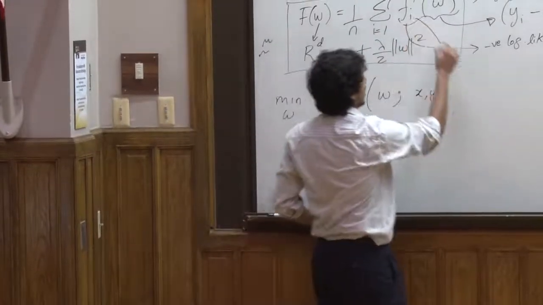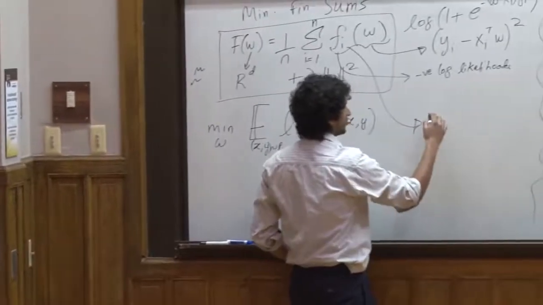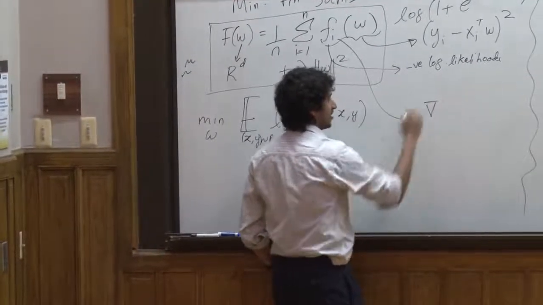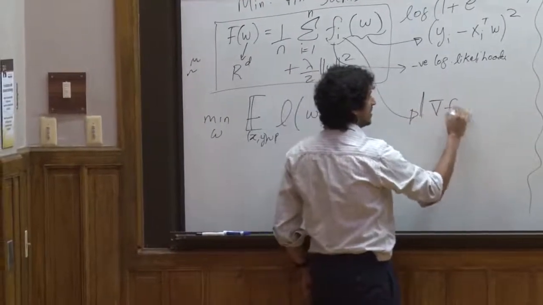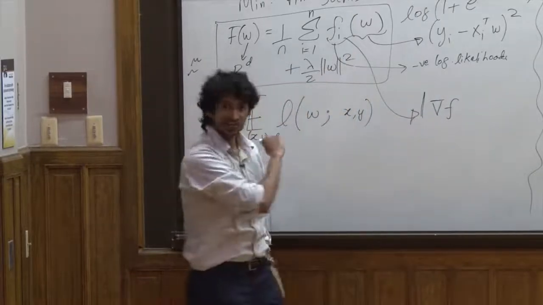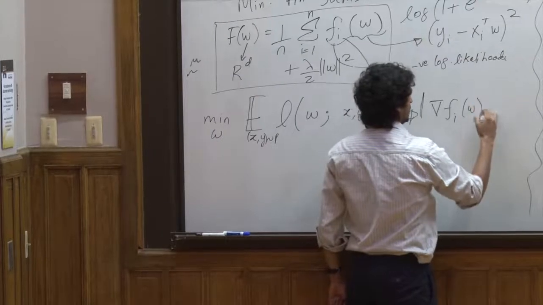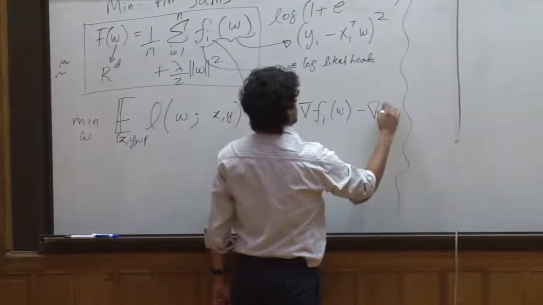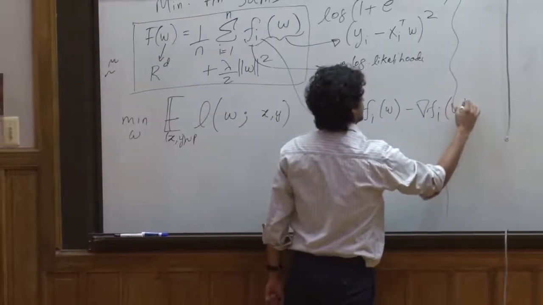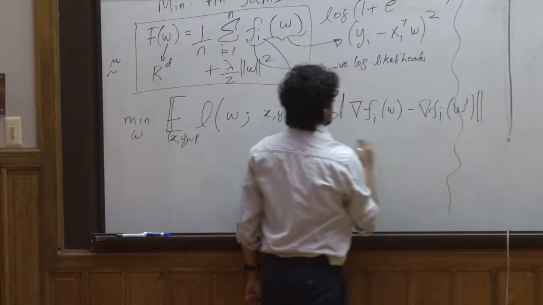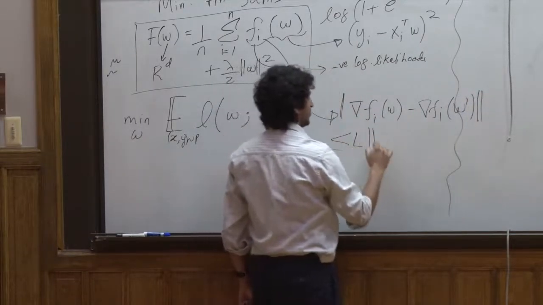I'm assuming that you're familiar with Lipschitz conditions, but it basically means that each of these fi's satisfies something like: the norm of the gradient of fi at w minus the gradient at w prime is less than or equal to L times the norm of w minus w prime.